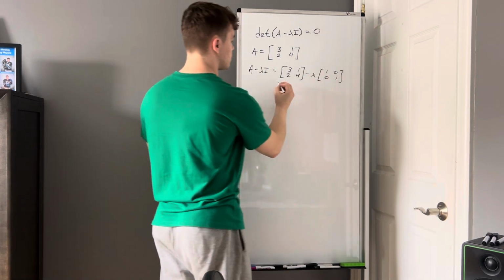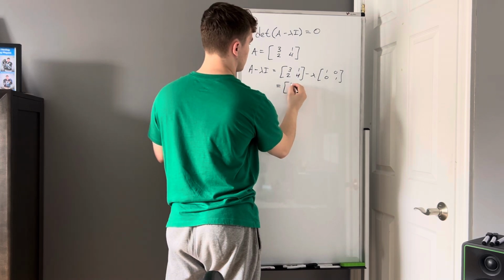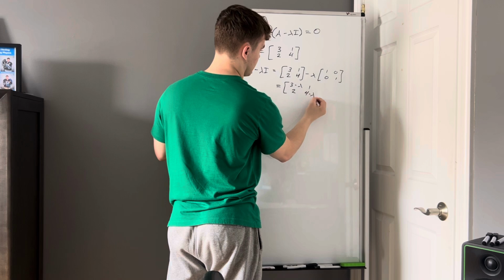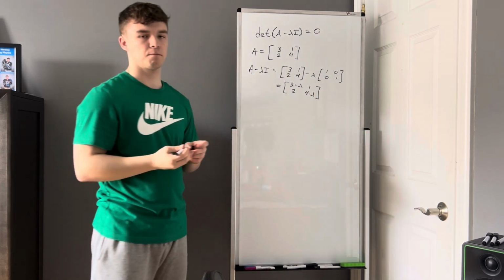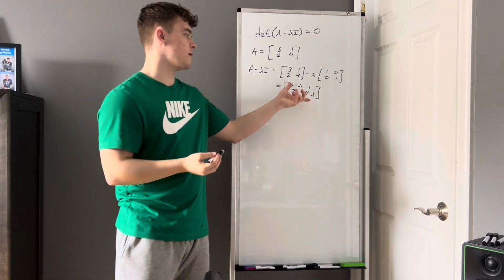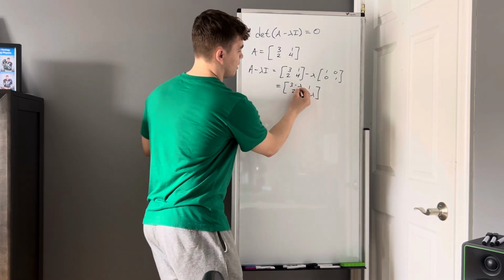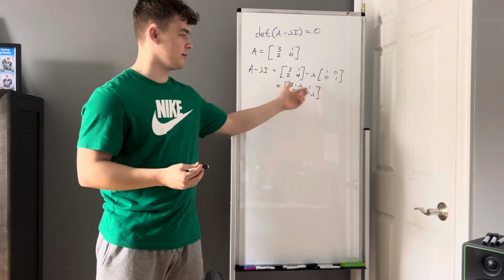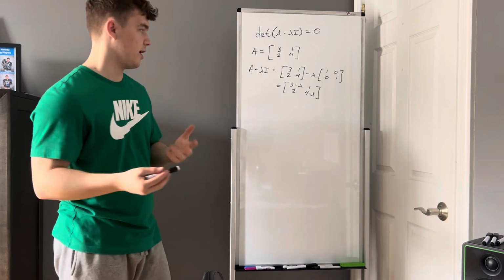And what this equals is 3 minus lambda, 1, 2, 4 minus lambda. Pretty simple. Now, a lot of people are just going to skip to this step, and I don't blame you, because there's no point in writing all this out. You just subtract a lambda from each diagonal.